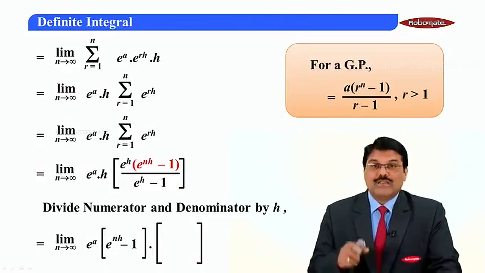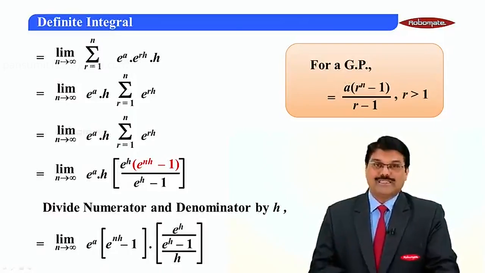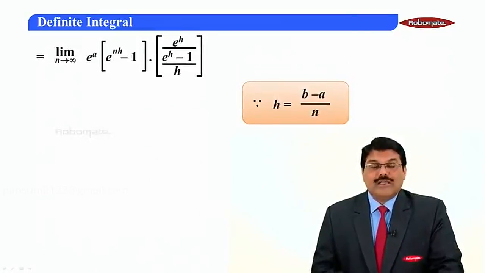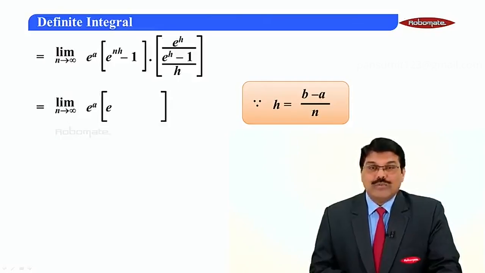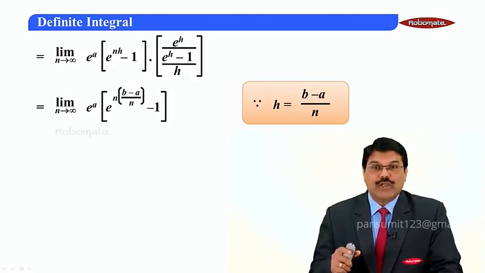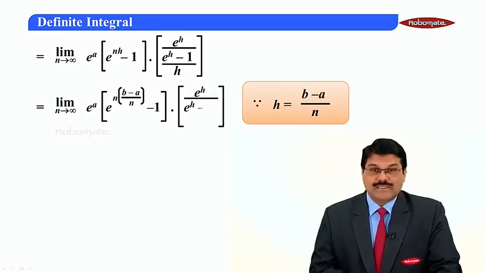So see the step, the next term will be e raised to h upon e raised to h minus 1 upon h, right? Now let us solve it further. Since the value of h is b minus a upon n, I am substituting that. So limit as n tends to infinity, e raised to a, inside the bracket e raised to n into b minus a upon n, minus 1, and the second bracket will be as it is, right?